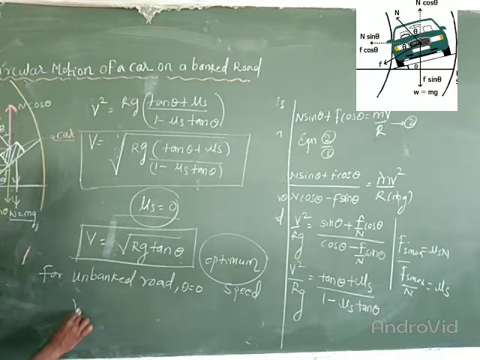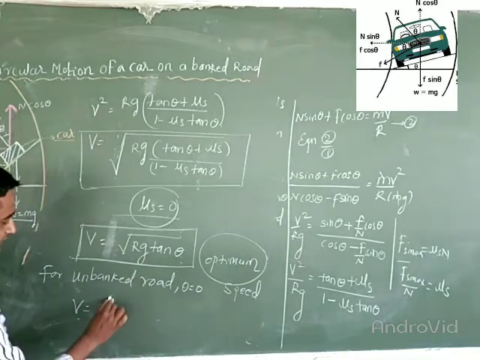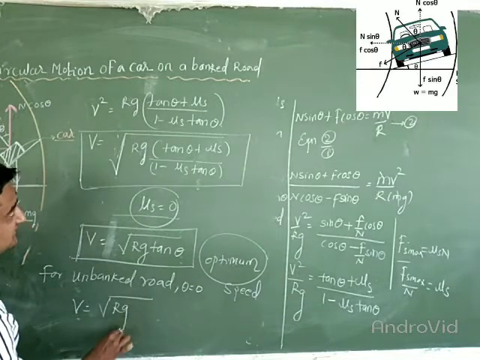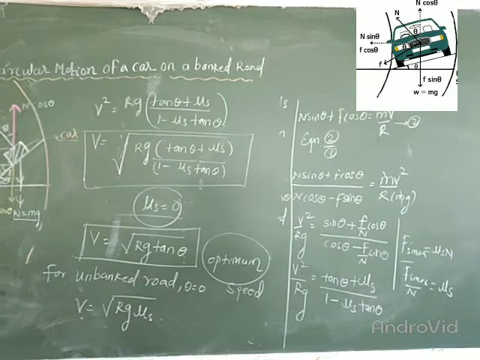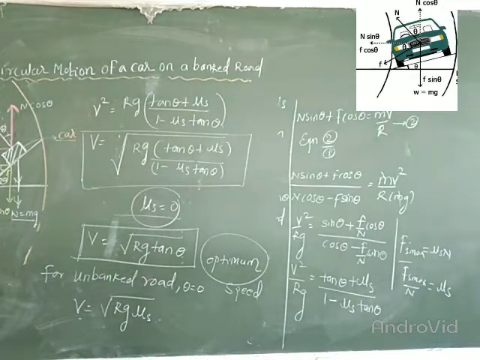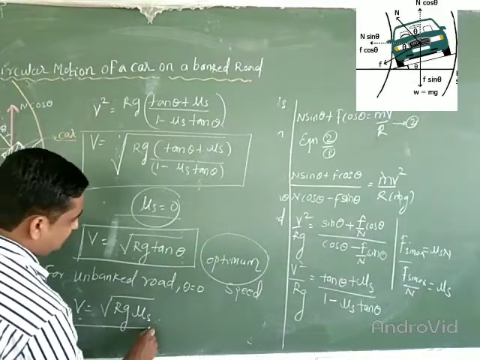So V is equal to square root of R G into mu s, right? We have got here this equation, V is equal to square root of R G into mu s.